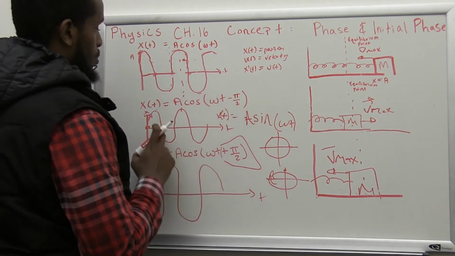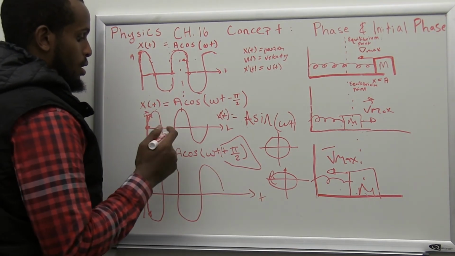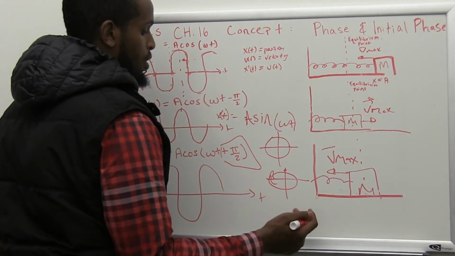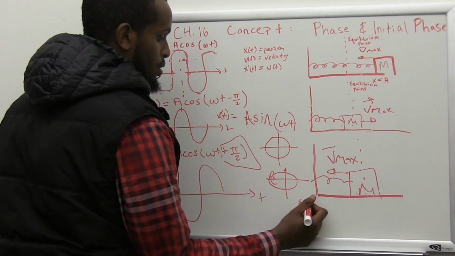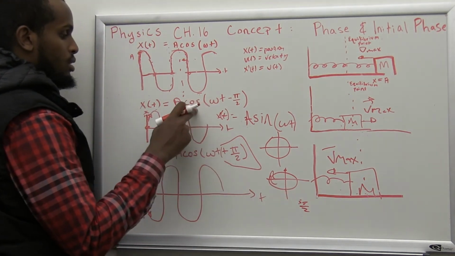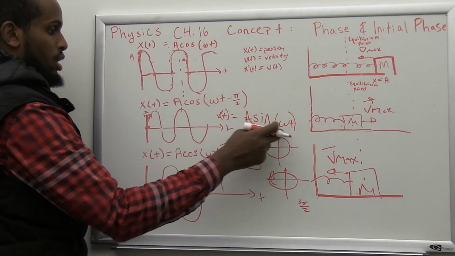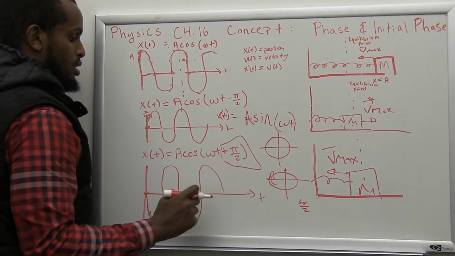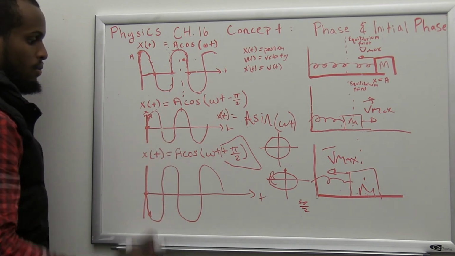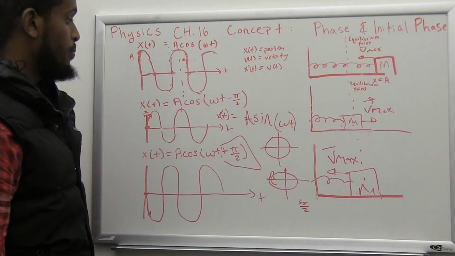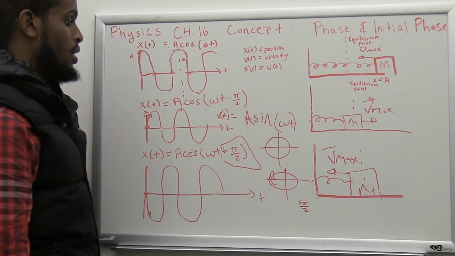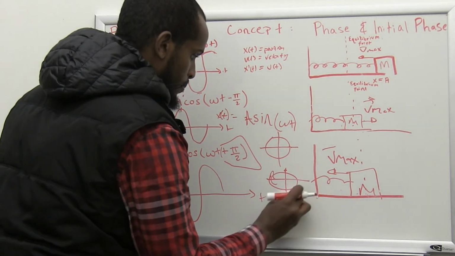It's going to equal 0. And what about 3 pi over 2? 3 pi over 2 is going to be negative 1, right? So negative 1 times a is going to be negative a, and we're going to be at a minimum value. So that's how you can double check.